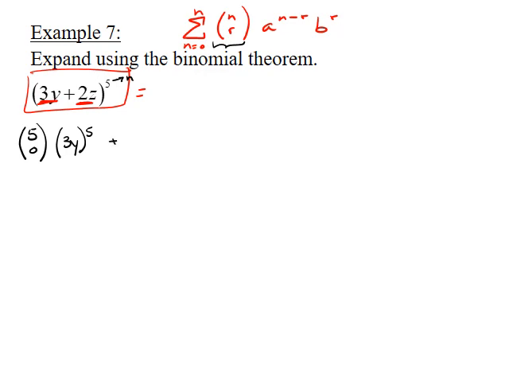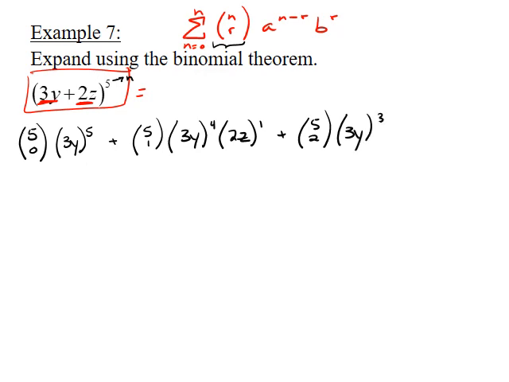Then, to get the second term, we have 5 choose 1. We take 3y to the power of 4, and we multiply that by 2z to the power of 1. And we just move along. 5 choose 2. 3y is now raised to a power of 3, while 2z is raised to a power of 2.